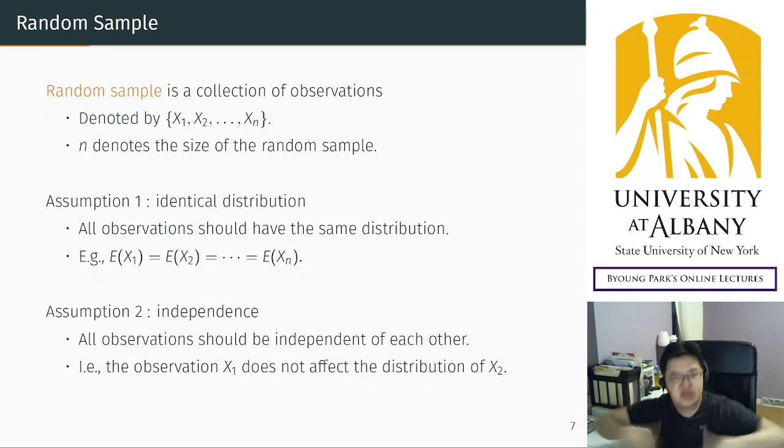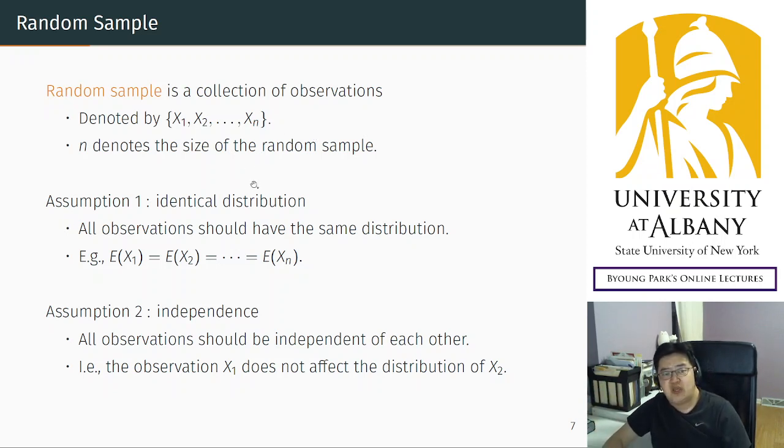Because in one experiment, you are not just throwing one coin, but you throw like 100 coins at the same time, 100 dice at the same time. So you are observing a lot of things at the same time, right?